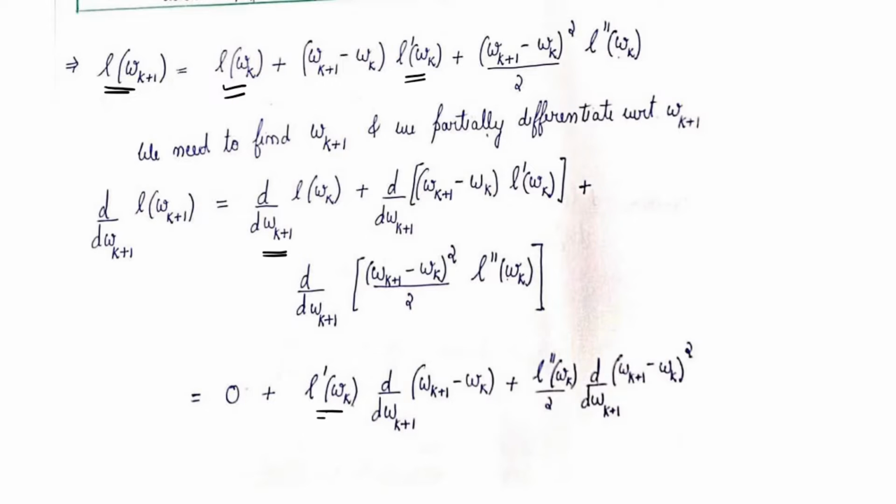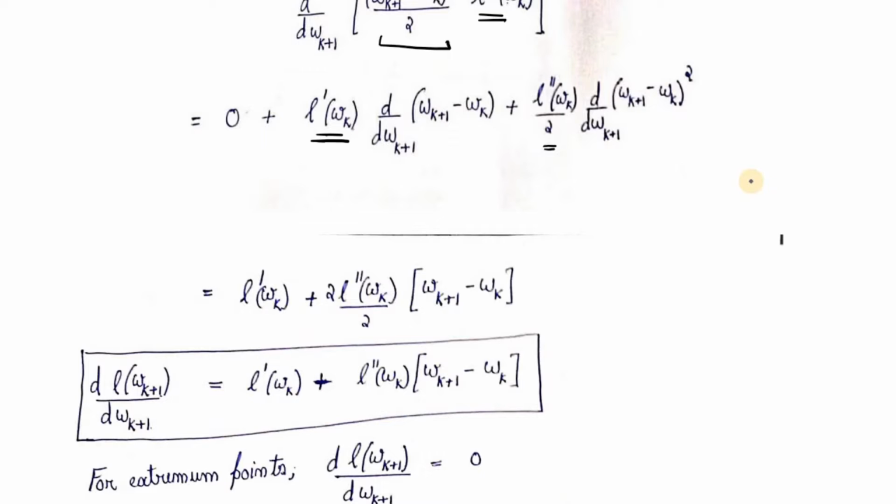It will come out like here. We just have to differentiate wk plus 1 minus wk, which we are doing over here. Likewise, L double derivative of wk by 2 will be used as a constant, and whatever remains inside this expression will be differentiated, and we will apply the derivative over here.